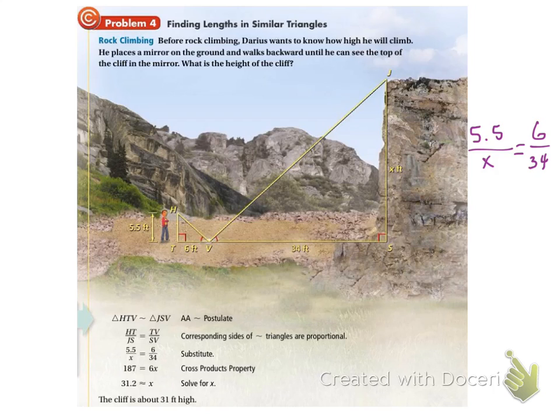And then we're going to cross multiply. So 5.5 times 34 gives us 187. And 6 times x gives us 6x. And when we divide both sides by 6, we get that x is equal to about 31.2 feet.